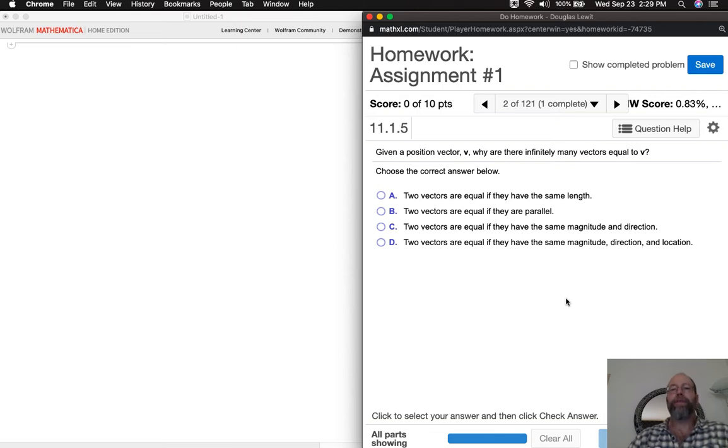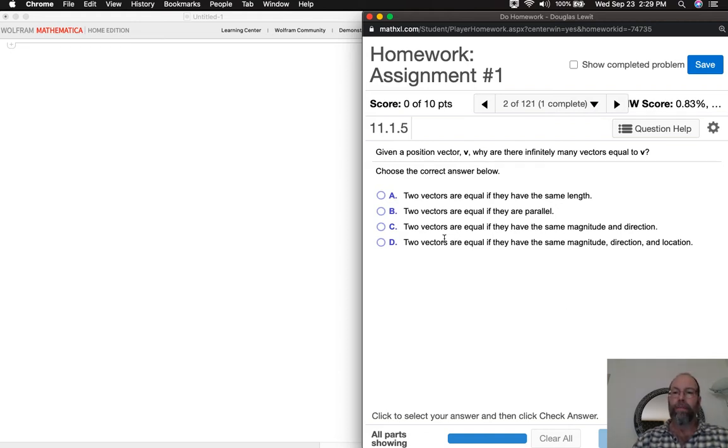Given a position vector v, why are there infinitely many vectors equal to v? Their starting points could be different, but if their magnitude and direction are the same, then they're considered equivalent.